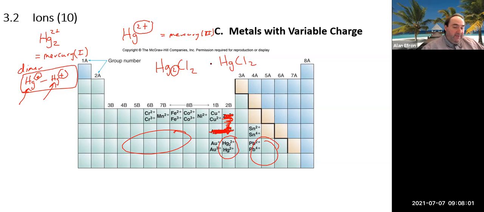So you can usually see that 2 on the bottom there, not 100% of the time, but no 2 on the bottom here. That's how you can distinguish mercury 1 or mercury 2. That extra 2 pops up a lot in the formulas, and that's your distinction that you're looking at mercury 1 in that particular case. Any questions on that?